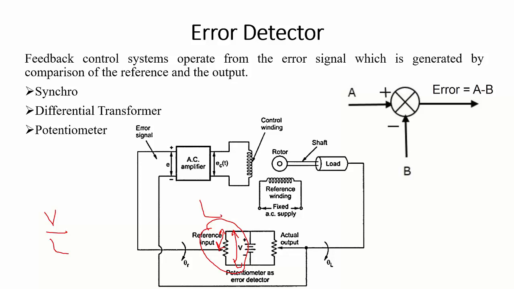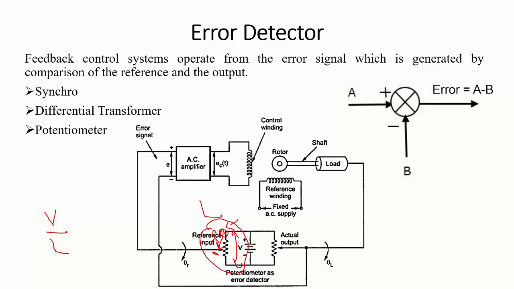The voltage that exists between the arm at the reference input side and this point will depend upon the length or distance of this particular arm from this point. Let's say it is represented by small l. This arm distance from this particular point is small l.